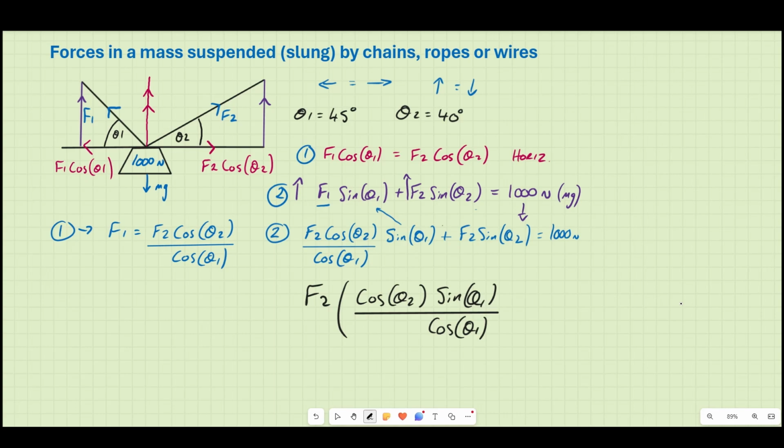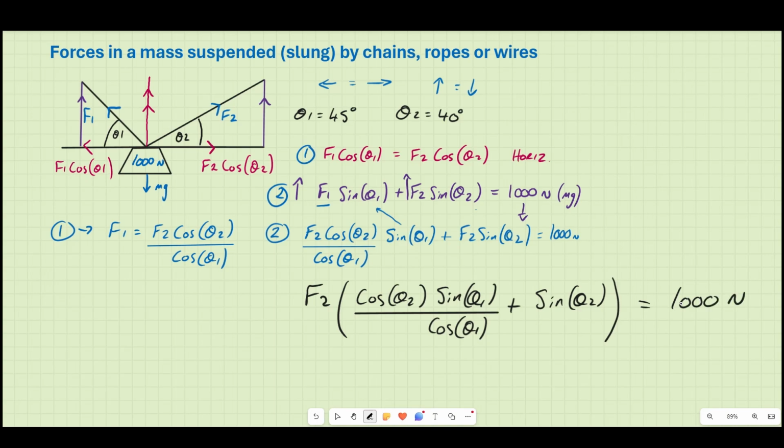So that's this part dealt with, with f2 as the factor. Then the other part of the bracket, we've got f2 sine theta 2, but f2 has been taken out, so we've got plus sine theta 2. So all of this bracket is multiplied by f2.